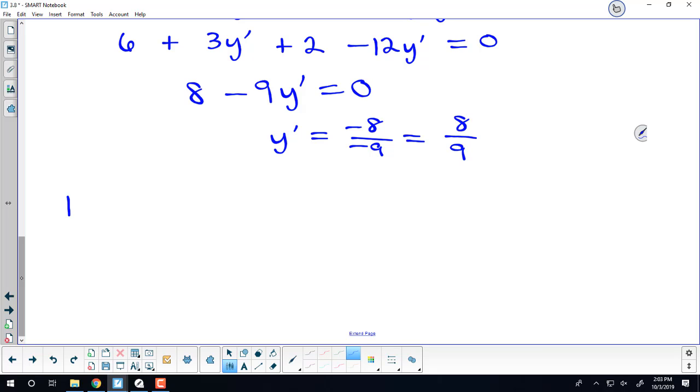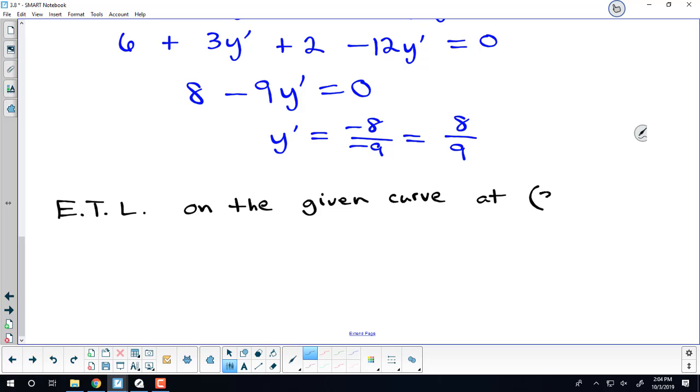So what's the equation of the tangent line? We already have one piece of information. The slope of the tangent line is 8/9.